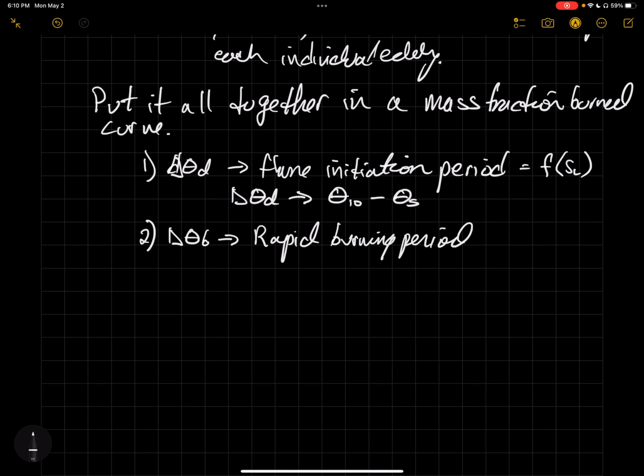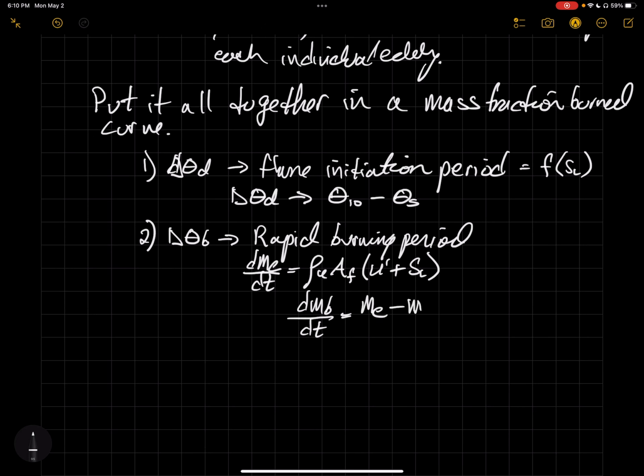And this is now where we get our entrainment rate, dME by dt, which is equal to the unburned gas density times the flame front area times our turbulent intensity plus the laminar flame speed. And then that controls our burn-up rate, dMB by dt, because the burn-up rate depends on the amount of mass that's entrained, minus the burned mass, divided by the burn-up time.